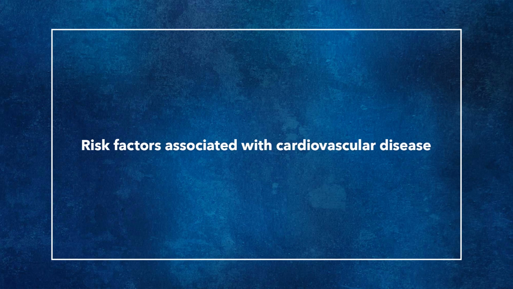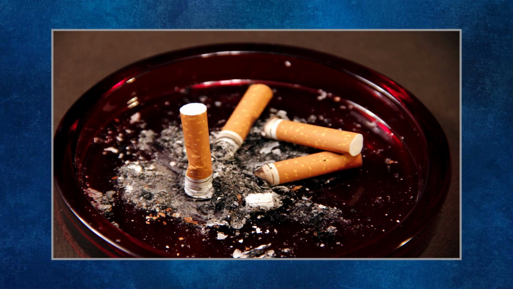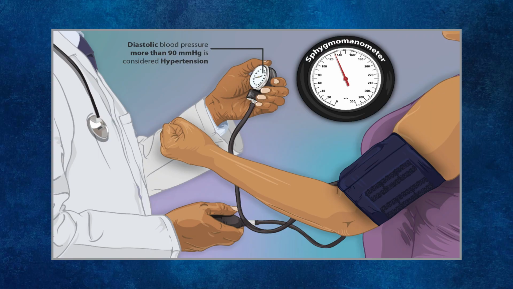Let us now talk about the risk factors associated with cardiovascular disease. Numerous risk factors must be present in order to increase one's chance of developing cardiovascular disease. The primary cardiovascular disease risk factors are smoking, high blood pressure, high blood sugar, lipid abnormalities, obesity, and inactivity.